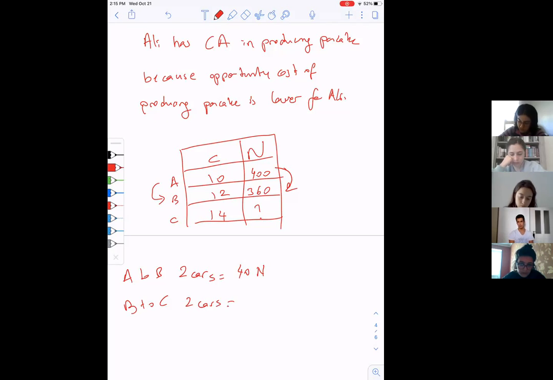But the question is saying that if the production possibility frontier is bowed outward, then you need to have an increasing opportunity cost. The more cars you have, the opportunity cost of producing extra cars should increase, okay?